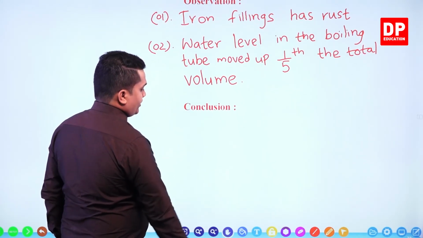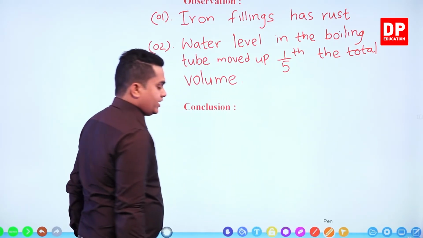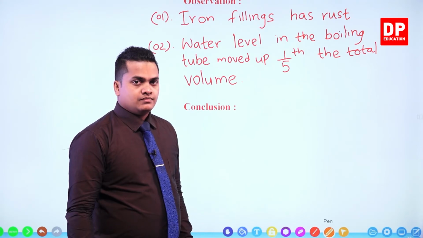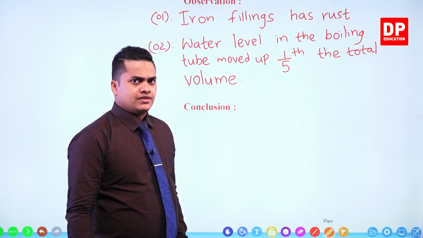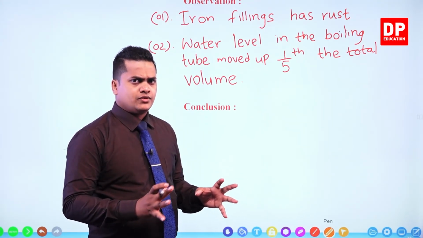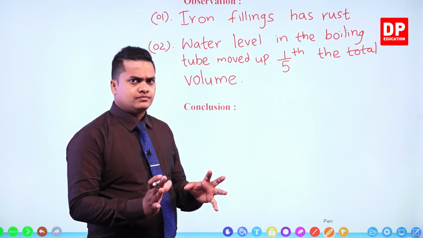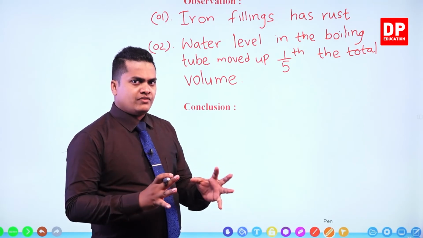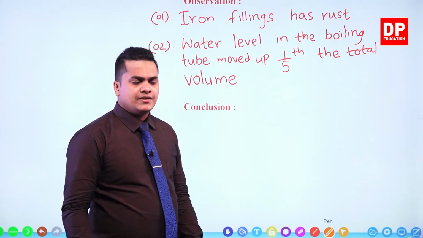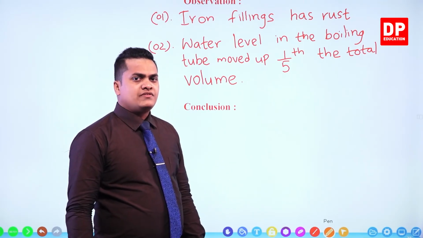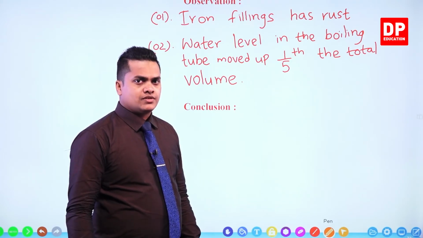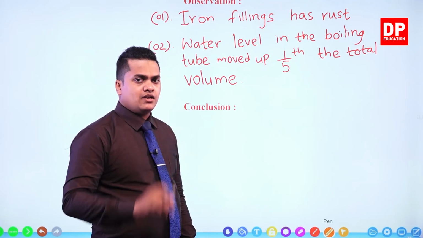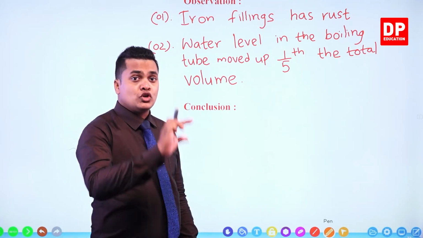My dear children, you know that our atmosphere contains about 20%, 20 to 21%, let's say nearly 20% oxygen gas, right? 1/5 of the container means that is also 20%.